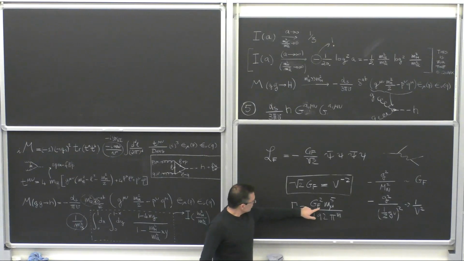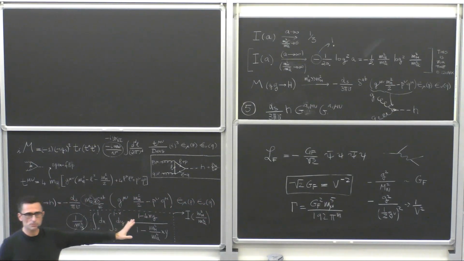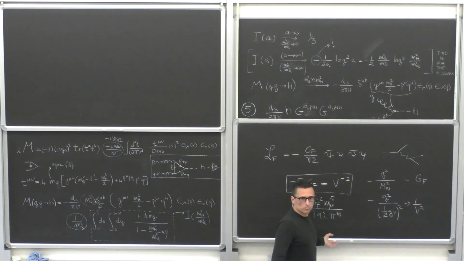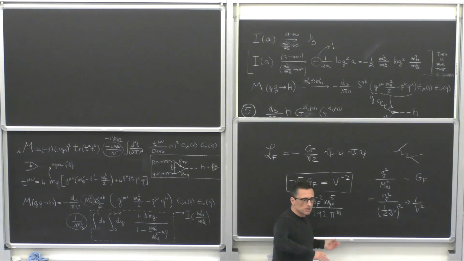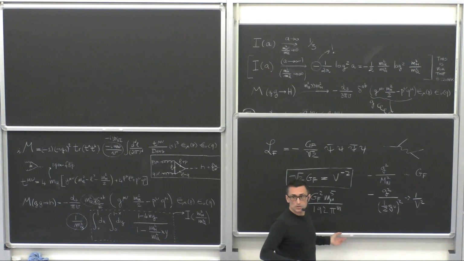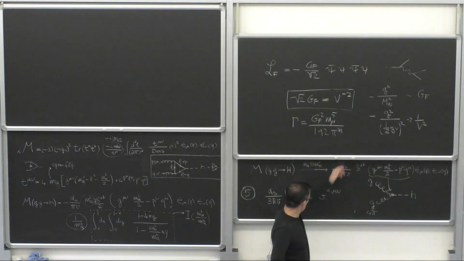So you extract GF from the muon decay, and from GF you get V. So the vacuum expectation value of the Higgs, we knew it since a long time. I'll come back to that because it's important. But I want to stress the fact that when you integrate out standard model particles, you always get to V at the end as a scale. The same thing here: you get to V.